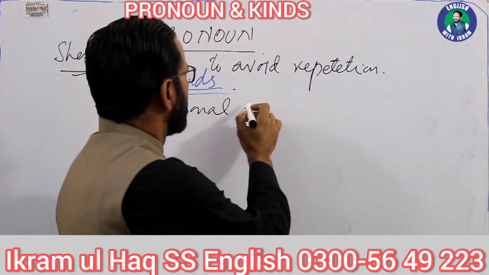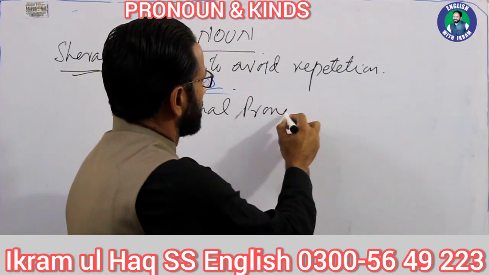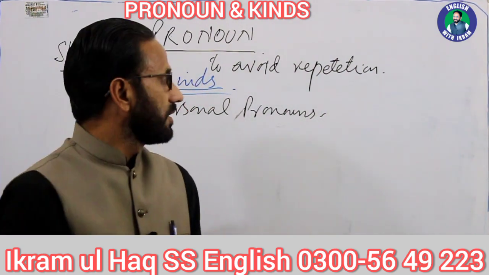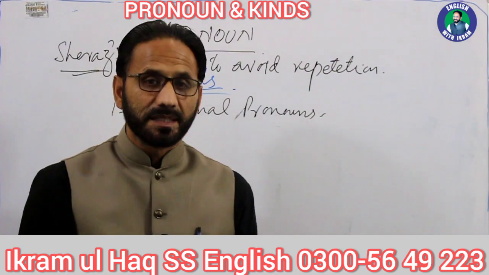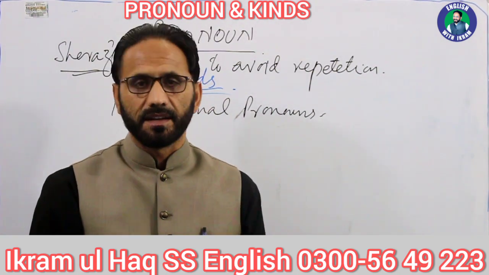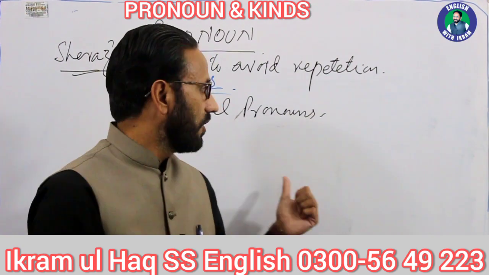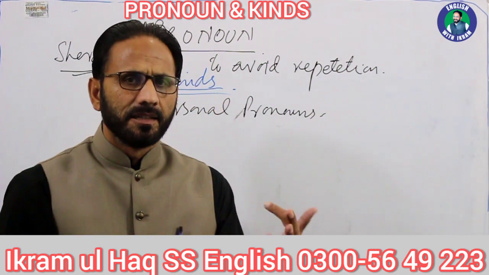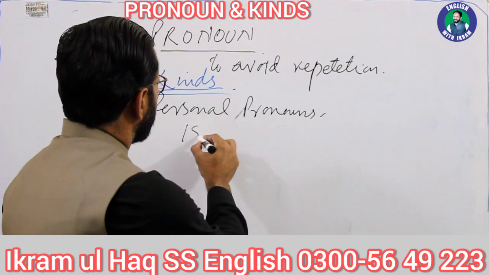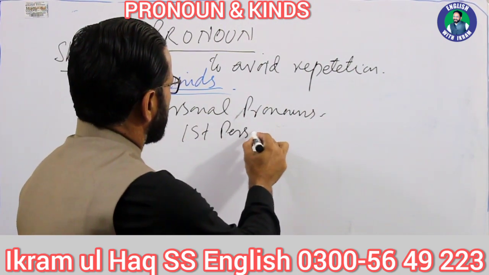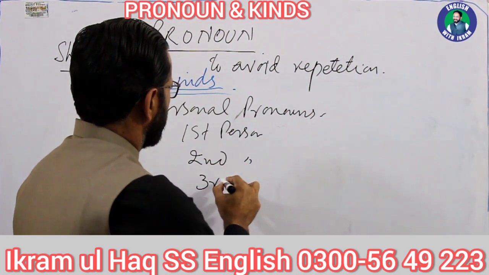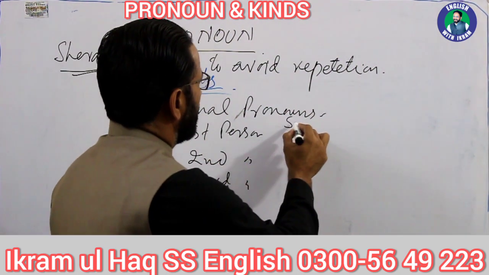Personal pronouns are those pronouns which are related with certain persons, which are used as subject and as an object of a sentence. As I have already discussed, there are three personal pronouns: first person, second person, and third person, singular and plural.